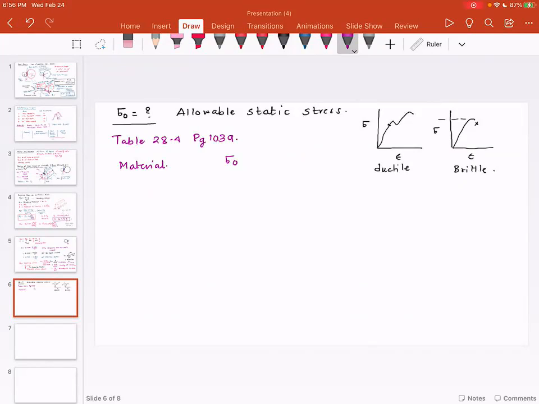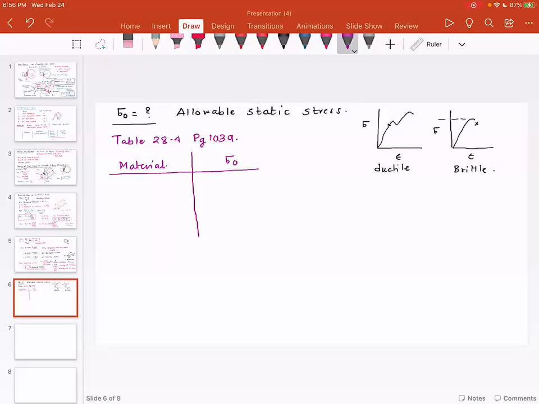You will notice in certain materials, the range is quite wide because it also depends upon the type of heat treatment, then the type of cooling, normalizing, annealing, that all affects the material properties. So we have to use the design data book.